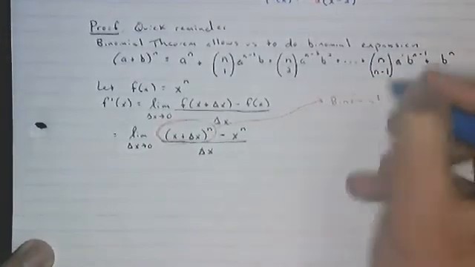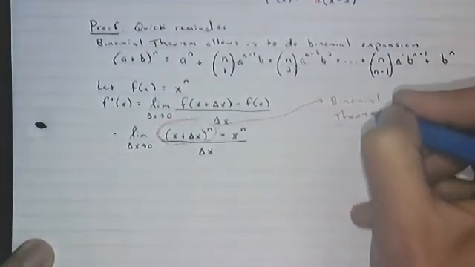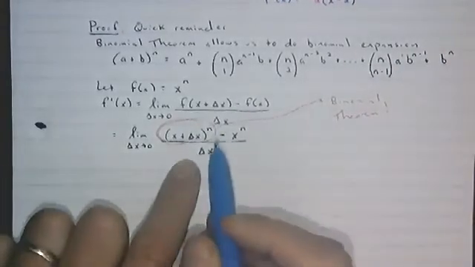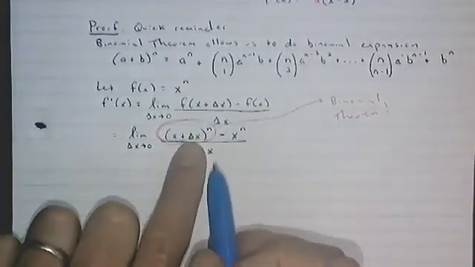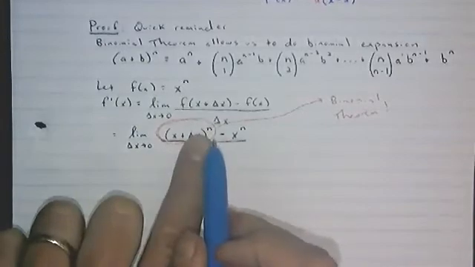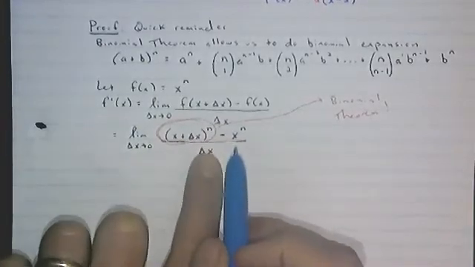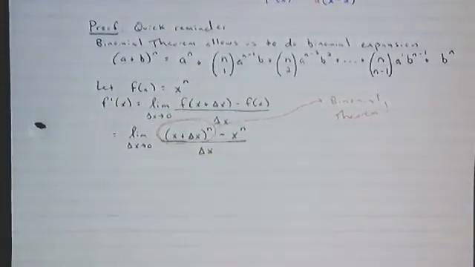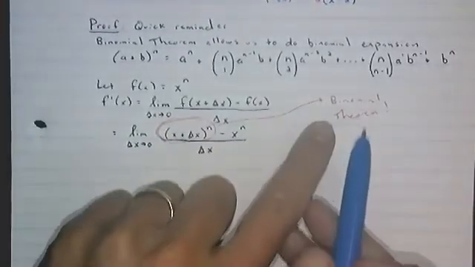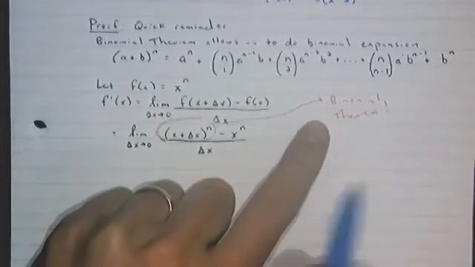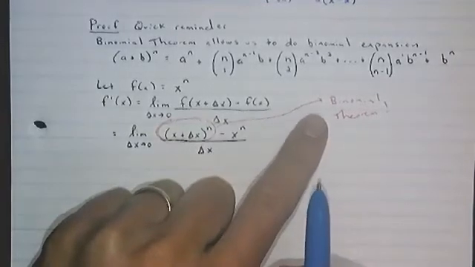Because if we just try to plug and chug here, put a 0 in there, this turns into x to the n minus x to the n is 0, divided by 0, indeterminate. We're going to have to expand this out via the binomial theorem and hope that a bunch of stuff cancels out.